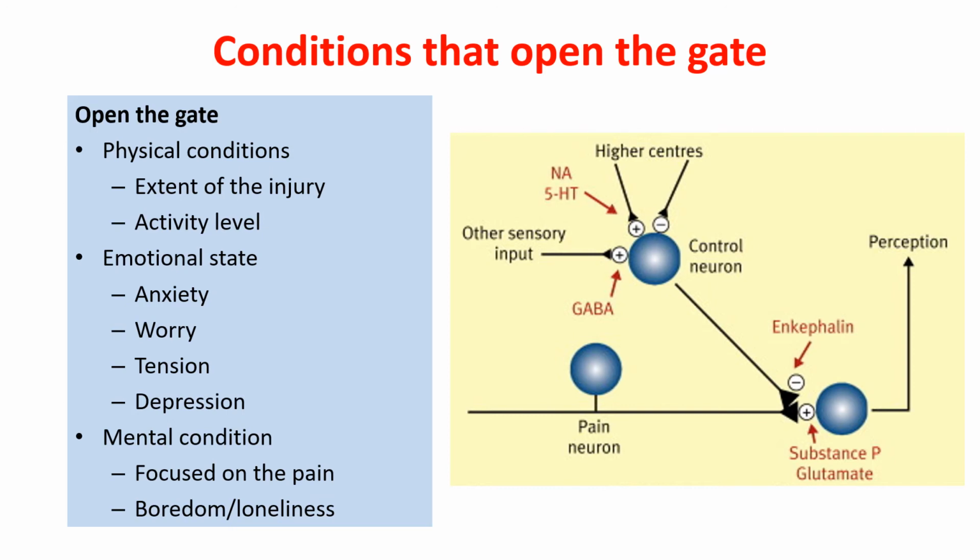Similarly, the mental condition: you are worrying and focused on the pain, or in the middle of the night you wake up and start feeling about it, and loneliness or boredom, all these things will add up. That is a limbic component. They add to the painful situation, and you start worrying what happened to you and how you can get away from that.